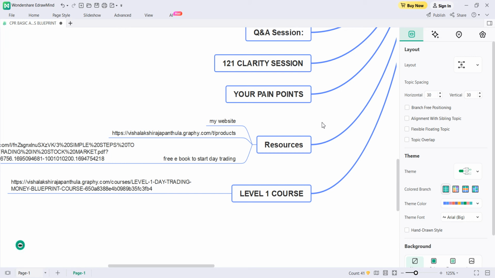When you come to my level 2 course, I would like to take your hand in my hands to guide you where to enter and where to exit. Of course, nobody can guarantee profits every single day, but by the end of the day, you can make profits with the help of my level 2 course. I hope you understand what I'm saying.